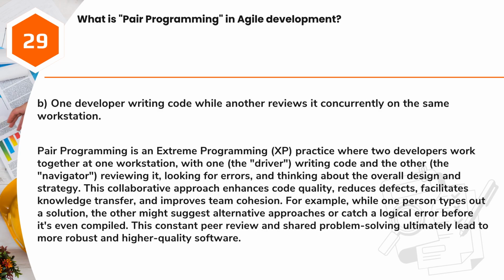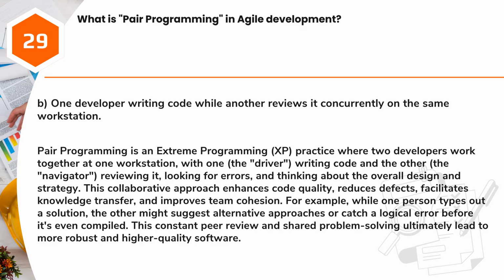Answer: B. One developer writing code while another reviews it concurrently on the same workstation. Pair programming is an extreme programming (XP) practice where two developers work together at one workstation, with one, the driver, writing code and the other, the navigator, reviewing it, looking for errors, and thinking about the overall design and strategy.